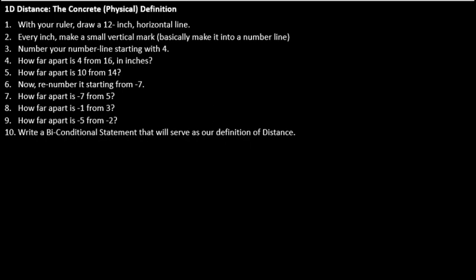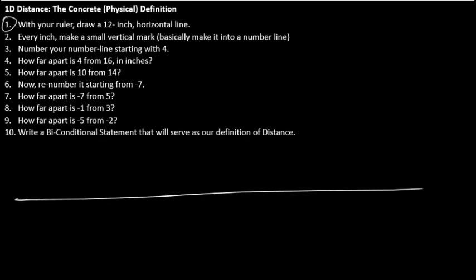All right, first thing I need you to do, if you want, go ahead and pause on this and just take a look at these steps and try to follow them through. So step 1, you're just going to take your ruler, which is obviously 12 inches, and draw a line that's the length of your ruler, right?